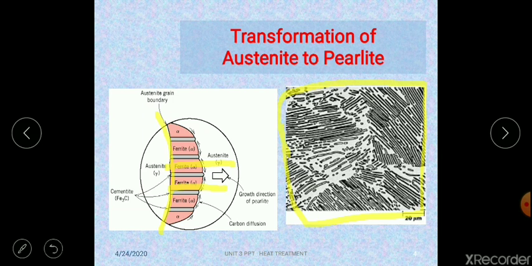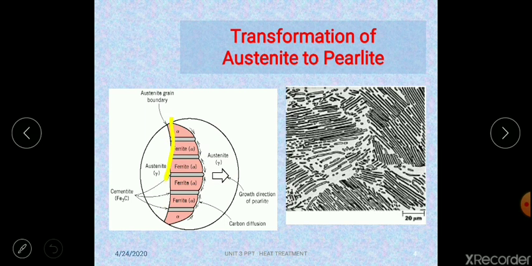So we'll get an alpha ferrite plate. When this deposition of alpha ferrite starts, there will again be a deficiency of alpha ferrite and maximum cementite will be present beside the grain boundaries. So again there will be formation of a gray, that is cementite, plate, and this process will continue and we will get alternate lamellae of alpha ferrite and cementite.